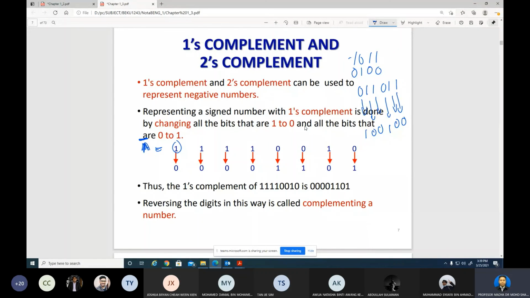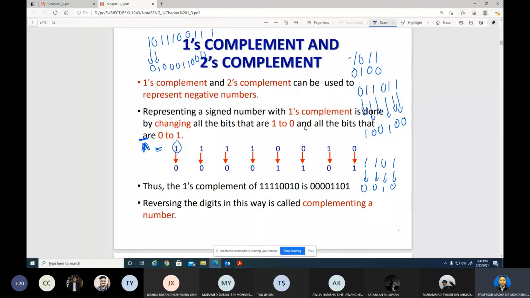Maybe we have another example here: 1101. For the first complement, it is straightforward: 0010. Straightforward. So for example, we have a longer number, 0111001 11. Just invert the input, so this one will be 011000110 00.